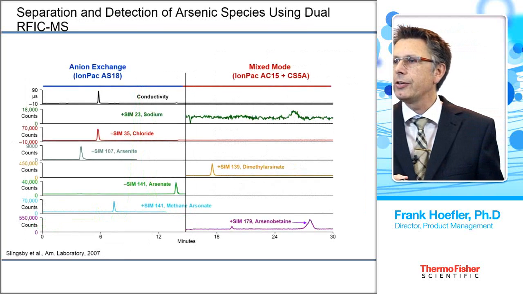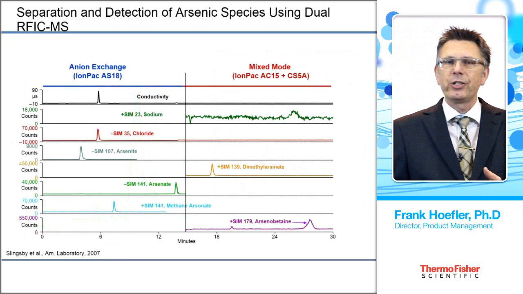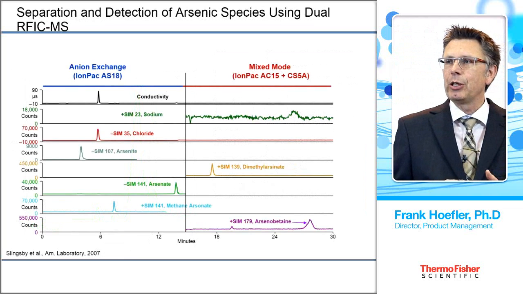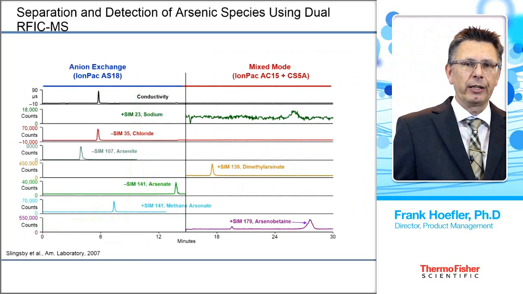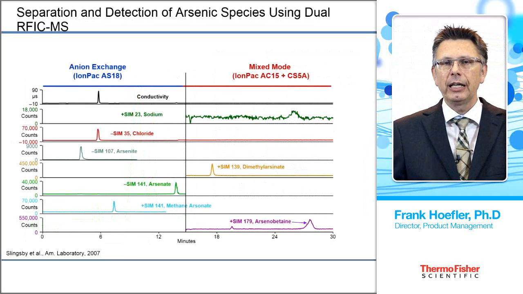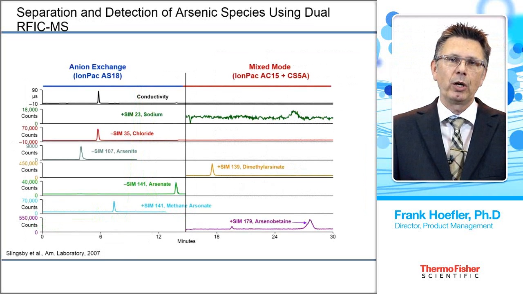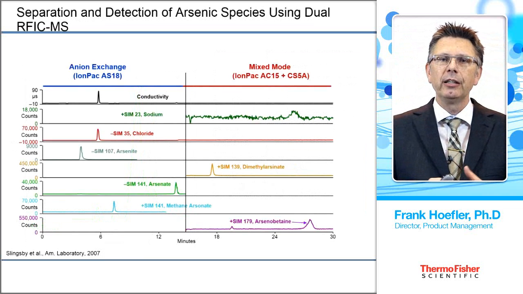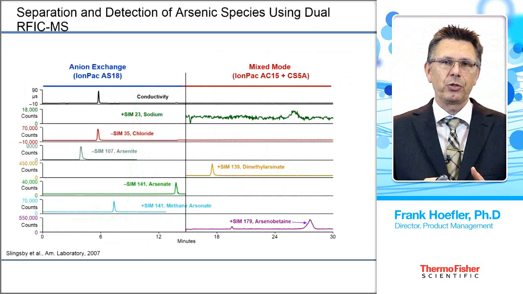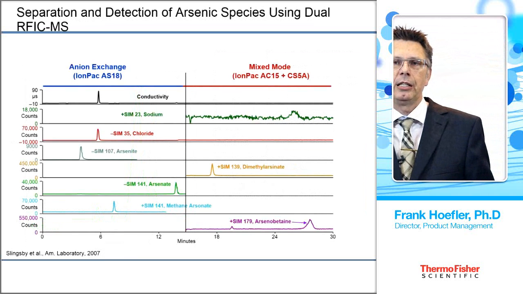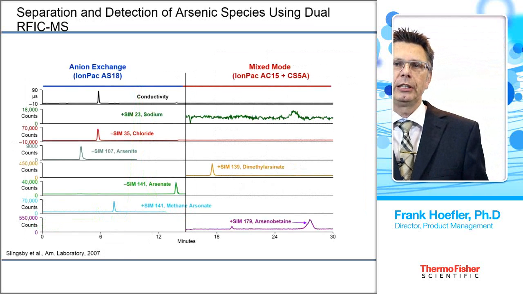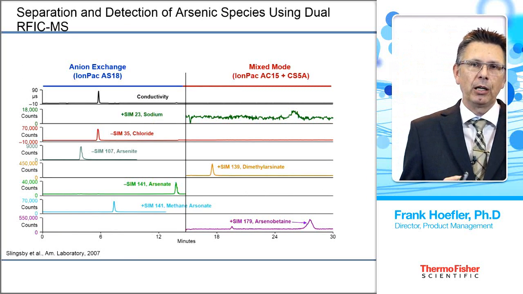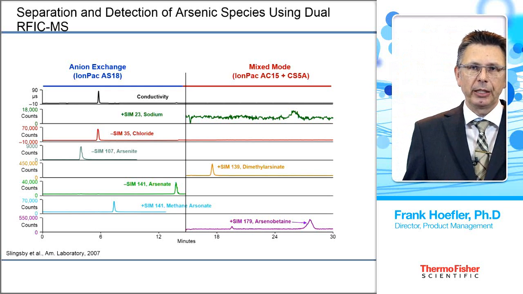Let's move on to the next example, which is a very interesting one, because here we are showing the separation of anionic and cationic compounds in one run. What are the species we are looking at? Those are arsenic species. Arsenic typically is determined as a total content with ICP-MS, very sensitive and selective, or with cold vapor atomic absorption spectrometry.